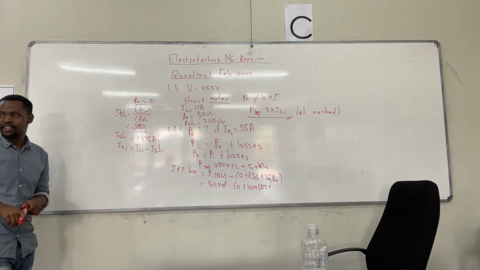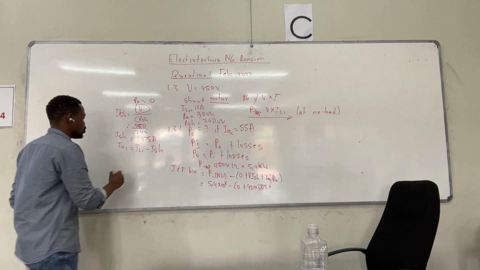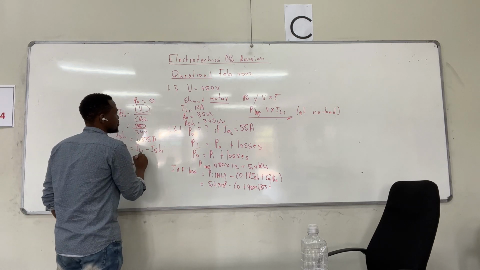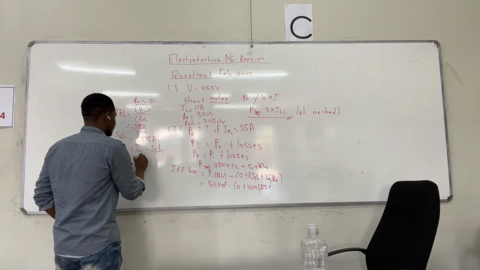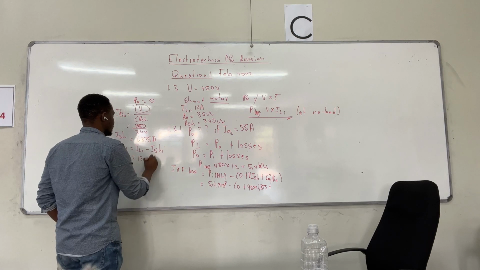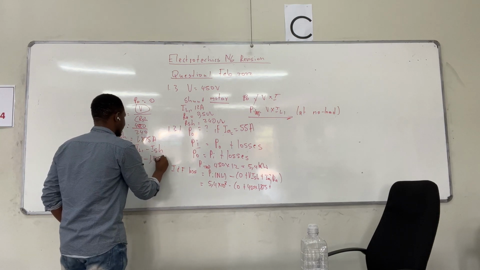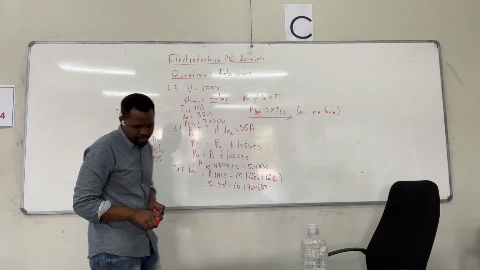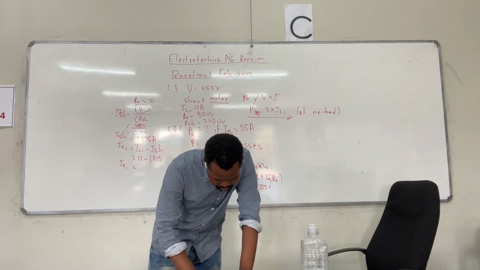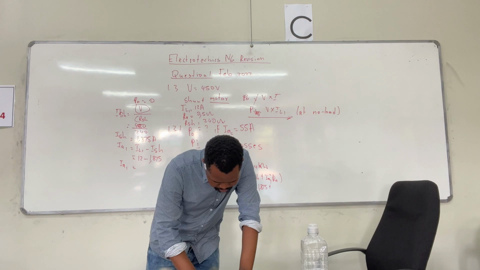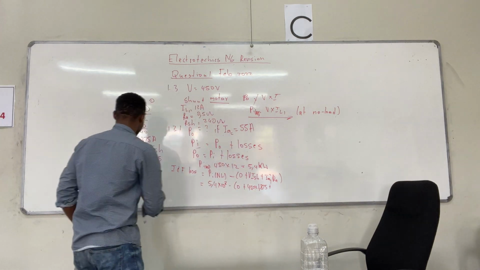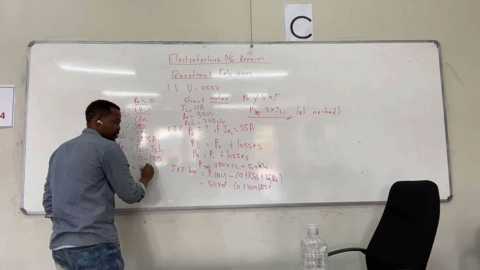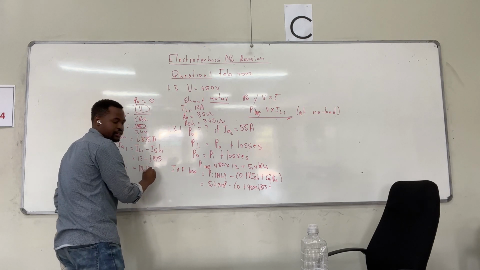IL is 12 and I shunt is 1.875, so that is 10.125.